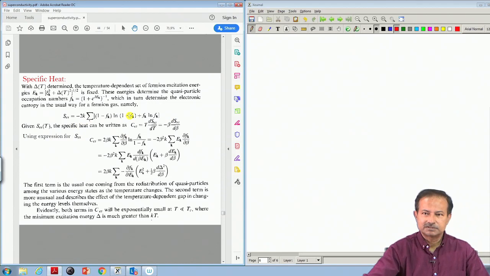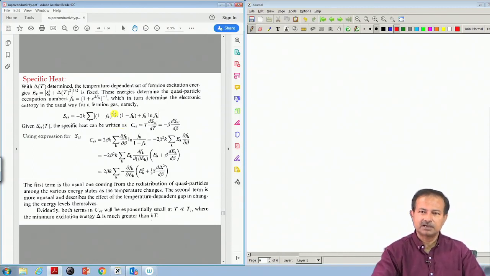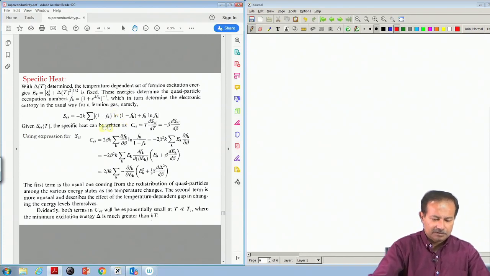Okay. This is standard in statistical mechanics. You have done it. If you have not, just check any book in StatMech, you will find this formula. How it is derived is also a straightforward derivation. These are basically non-interacting fermions, and their entropy is this. I mean, there is no other choice.